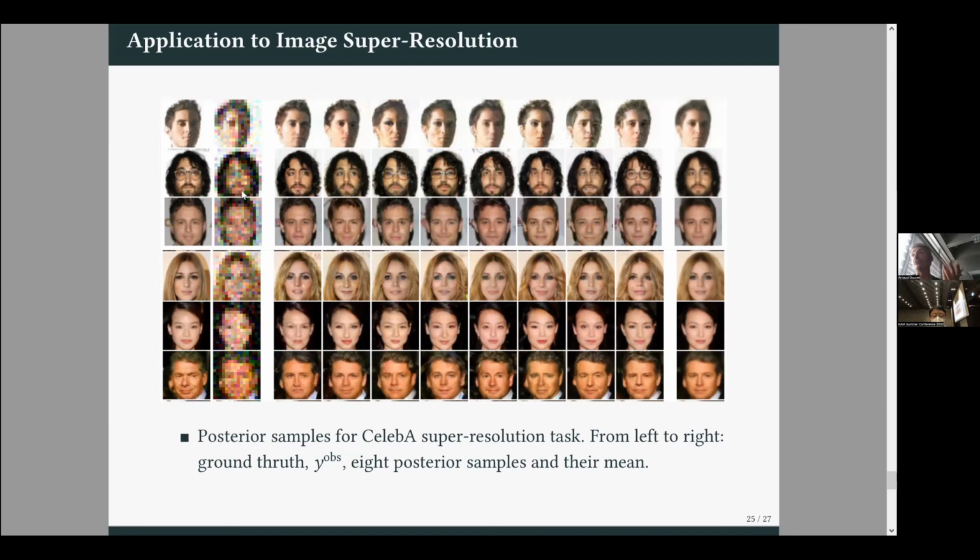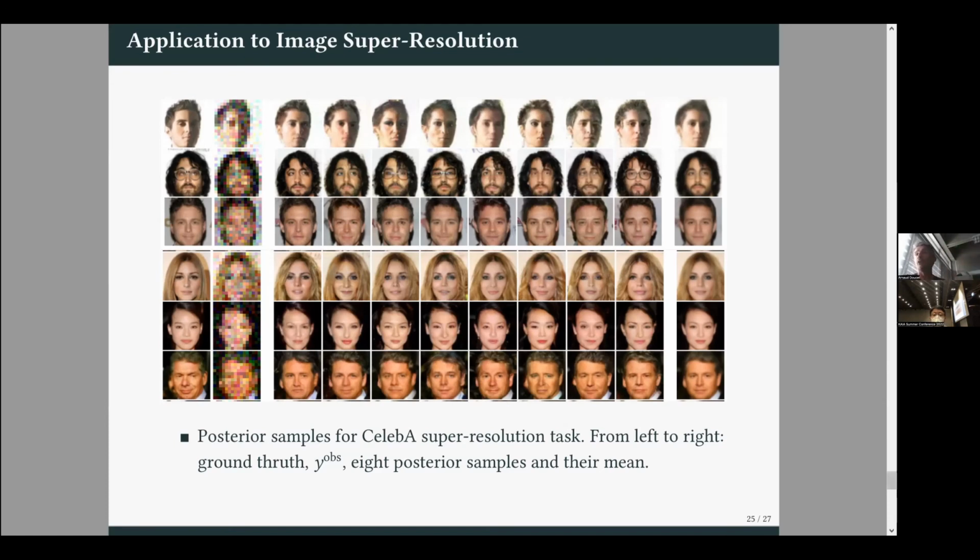So we are in 100,000 dimensions. It's fairly high dimensional. And we see that it does things which are very sensible. For example, when you look at the corrupted version, this person might have glasses or not. So sometimes it's going to generate a sample where someone has glasses, sometimes not, and so on and so forth. It provides fairly interesting results.